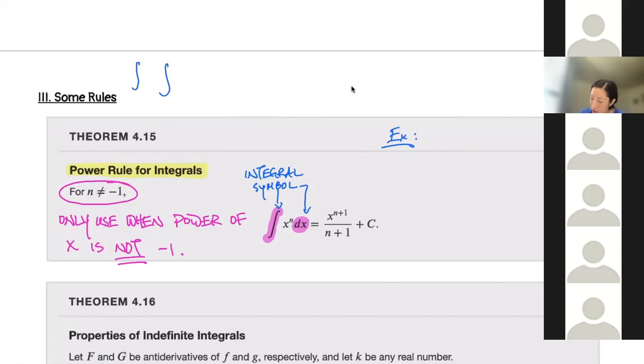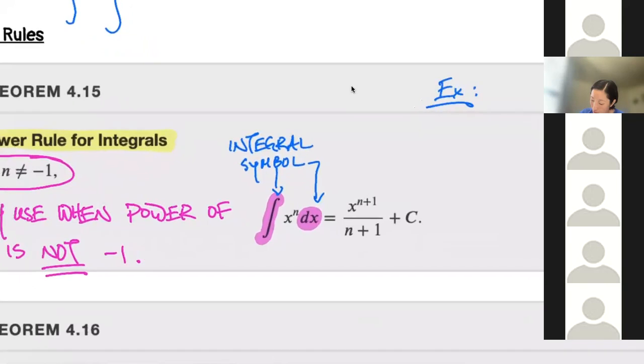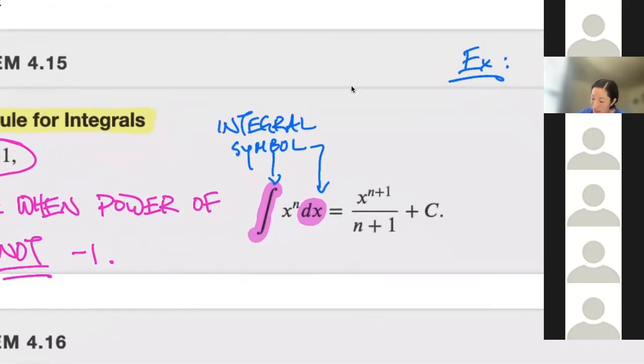But when we are looking at the middle part, which is the part that tells us what we're taking the integral of, so in this question, it's x to the n, all right? We call that the integrand. So the thing that is having the integral taken of it is called the integrand.